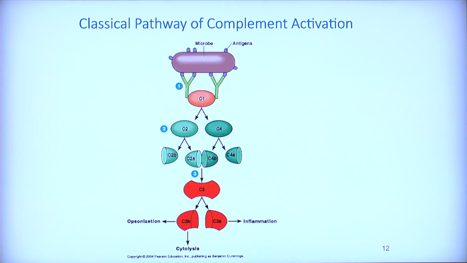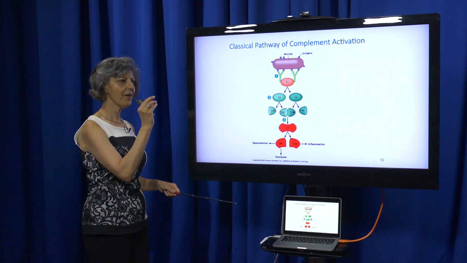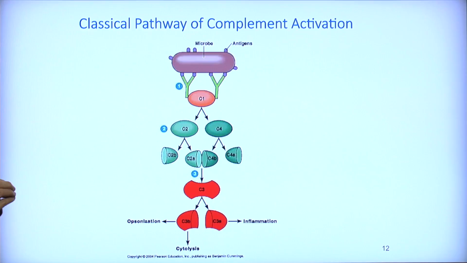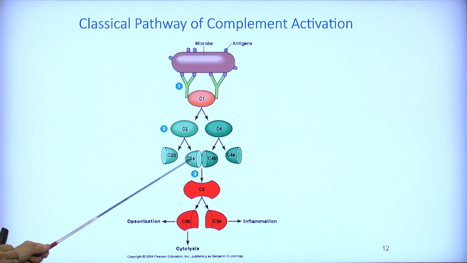What is complement going to do? Several of them are going to be activated in what we call a cascade. Cascade means a very specific order. So one will activate a couple more, and these will activate some more.